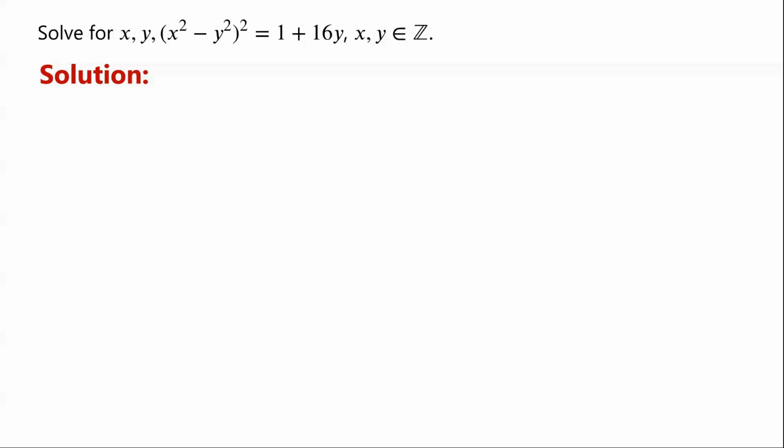Another way might be to divide the problem into different cases, and narrow down the possible ranges of variables of interest. Then find the integer solutions for each case. Because the left side of the equation, x squared minus y squared all squared, is greater than or equal to 0, the right side, 1 plus 16y, must be greater than or equal to 0.